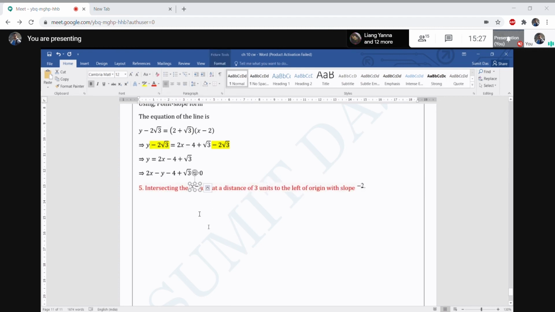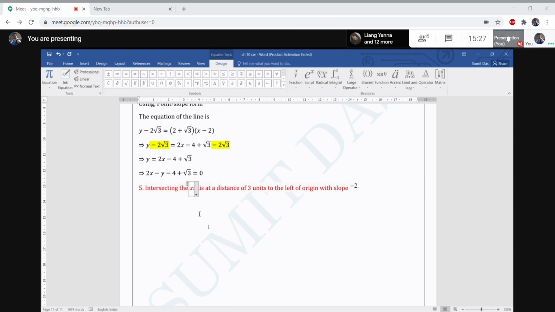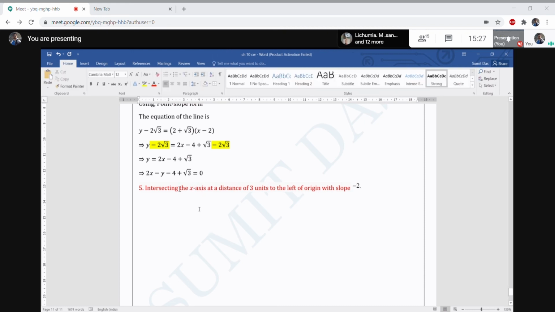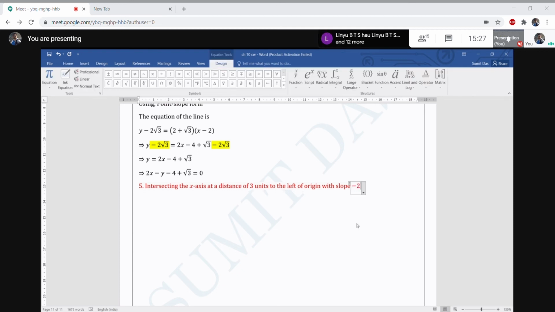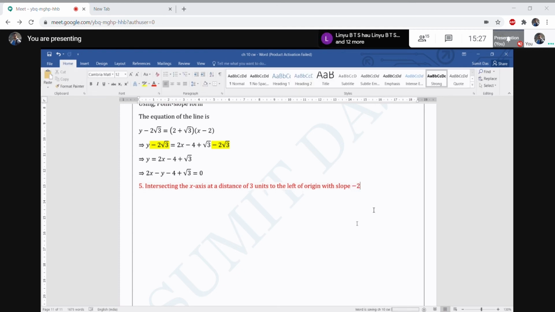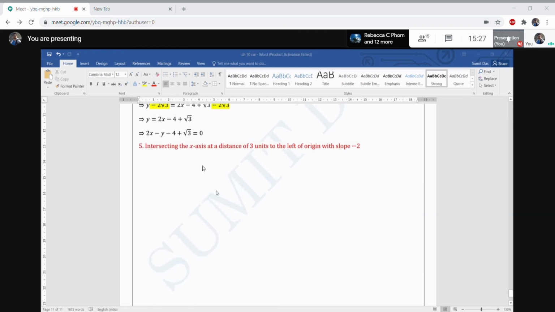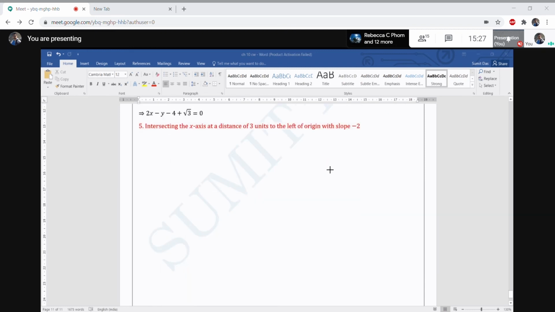In this question, it is saying that the line intersects the x-axis at a distance 3 with slope minus 2. Okay, so intersecting x-axis at a distance 3 unit. Fine, so I'm just giving you one rough diagram.